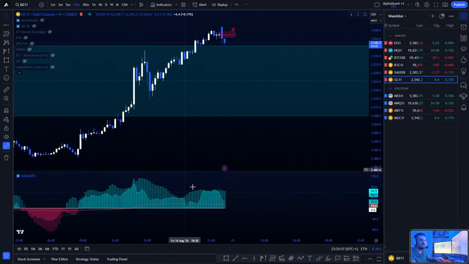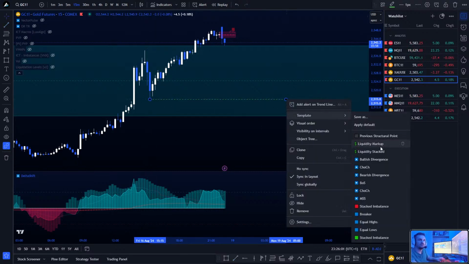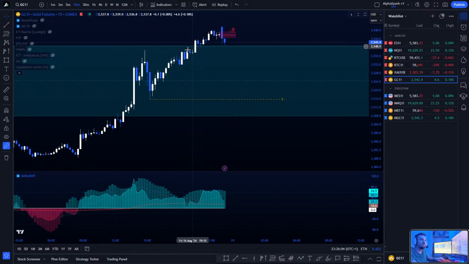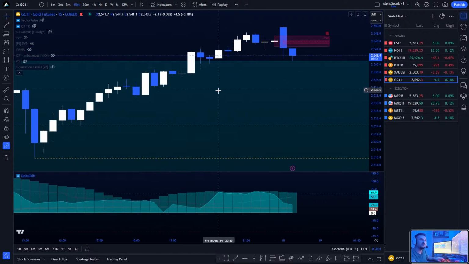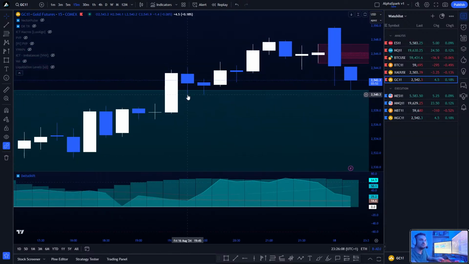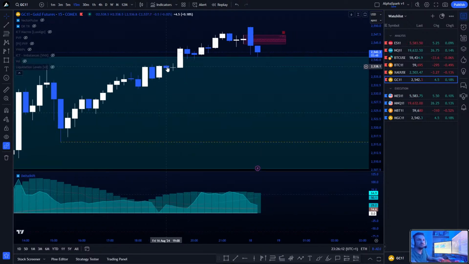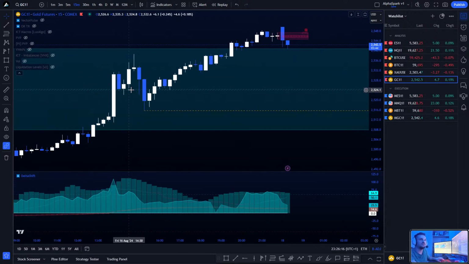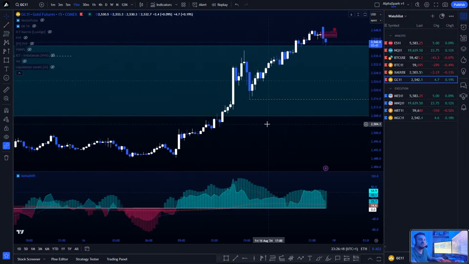Easy target is this low. Why? Because there's no gaps. There's a gap here, untested, to be fair. But this liquidity curve like here, this just doesn't look very supportive, right?